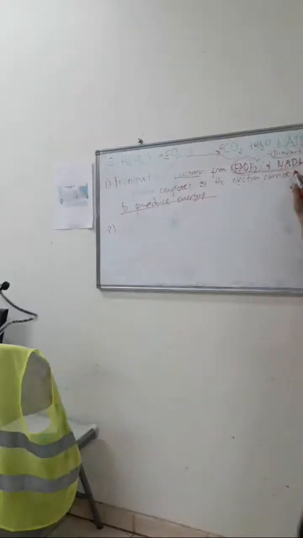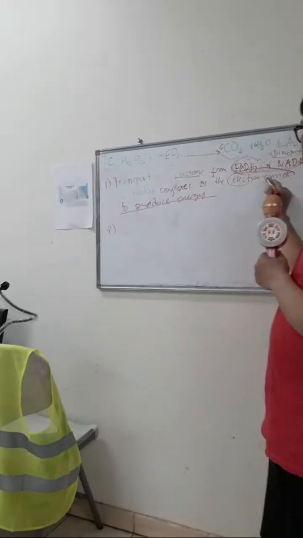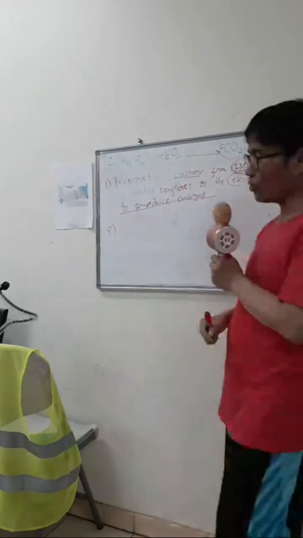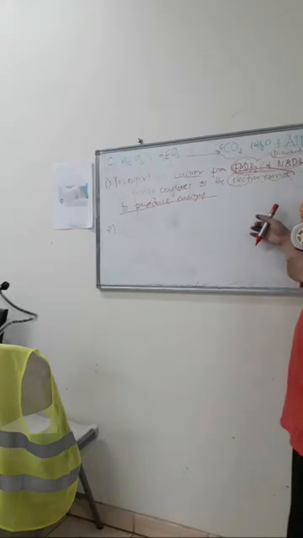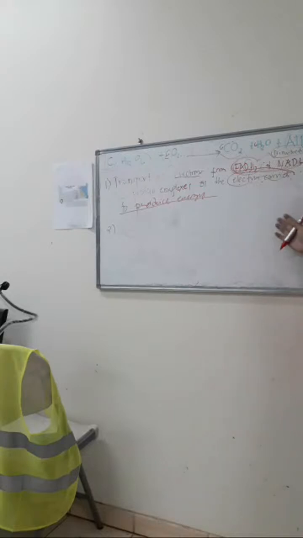Okay, our number 2, this electrons that has been carried will generate protons, and these protons will be pumped out in the intermembrane space to the matrix. Later we can understand it by drawing.